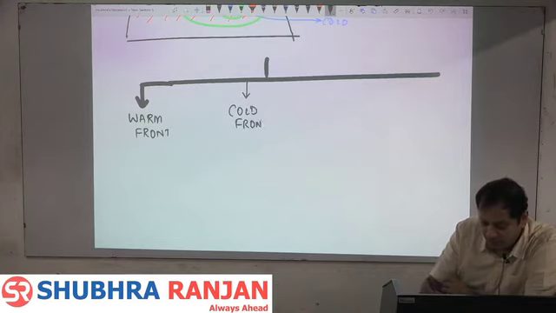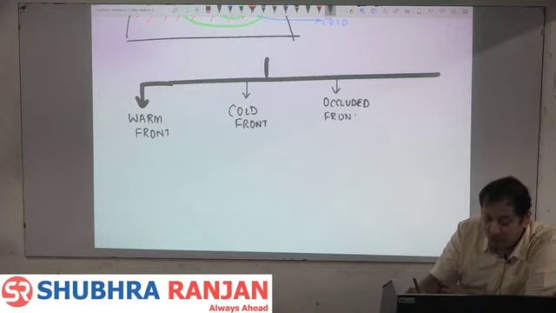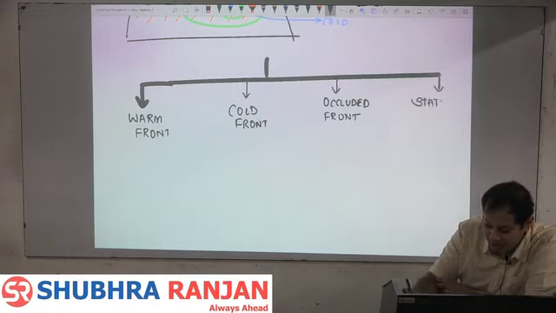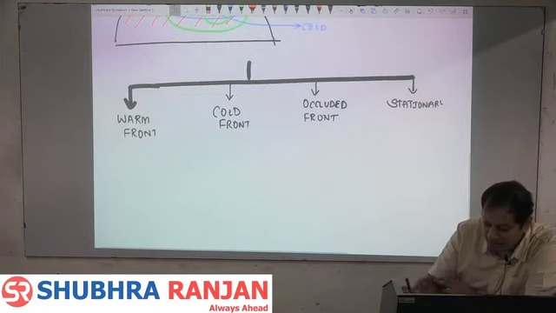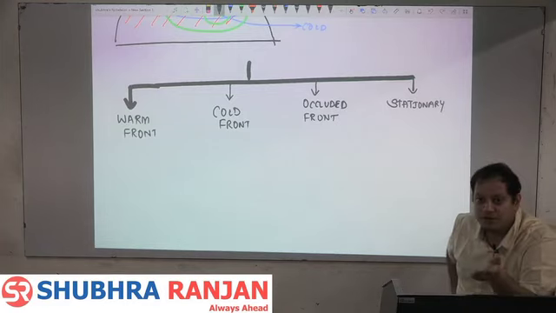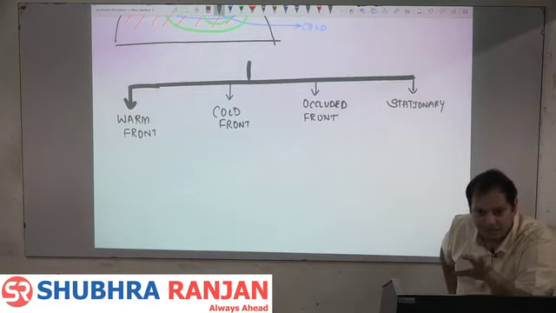We'll classify the front into occluded front when there will be frontolysis, and we will classify the front into stationary front when there is no, that is the condition just prior or before the frontogenesis. ये है 4 type के fronts: cold front, warm front, occluded front and the stationary front.